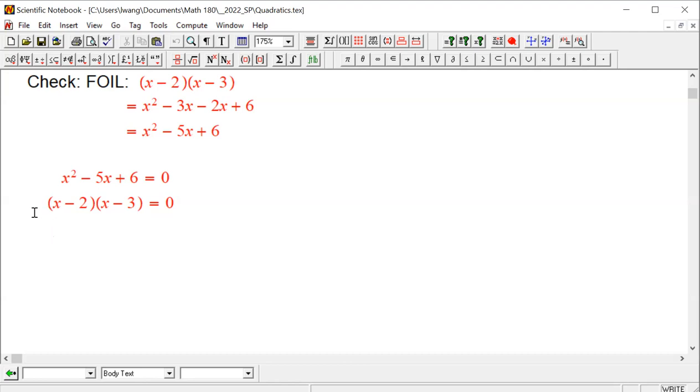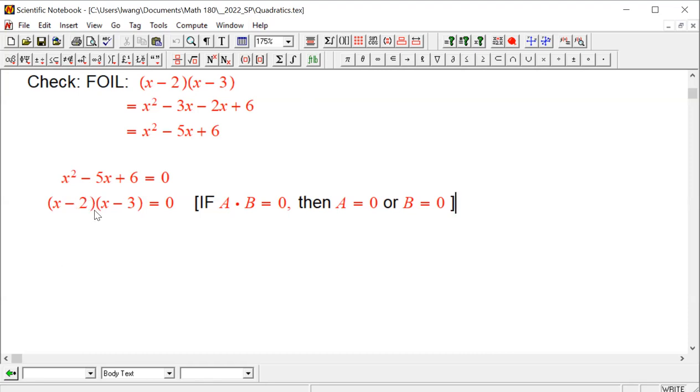Okay, so when we get to this point, we get to use principle number 5. Principle number 5 says if one quantity multiplied by another quantity equals 0, zero product property, then A is 0 or B is 0. So that is principle number 5, and we're using that.